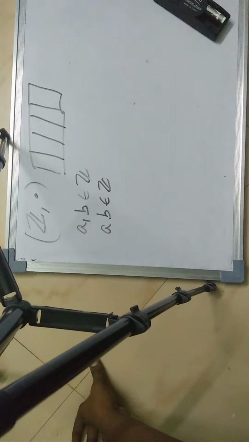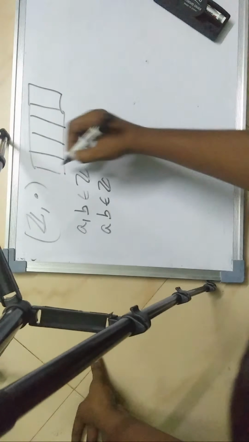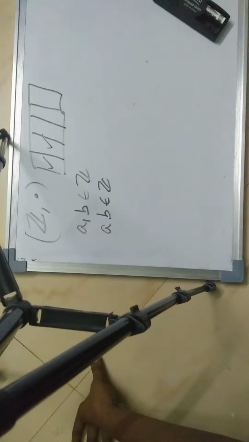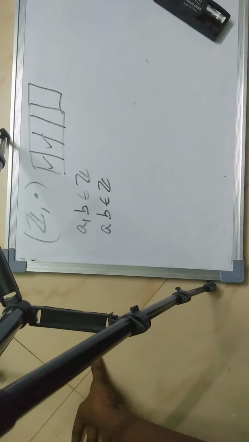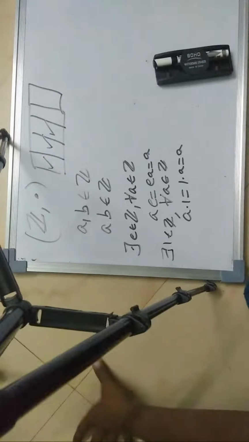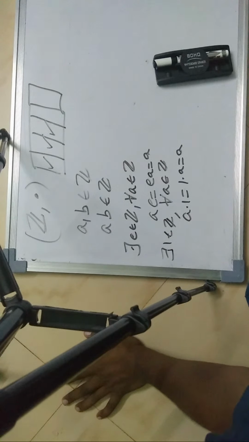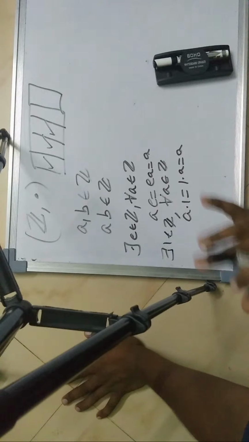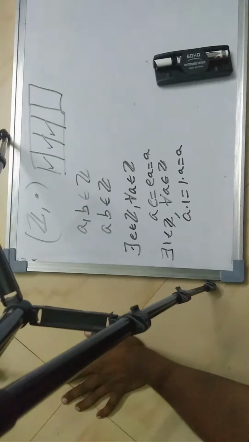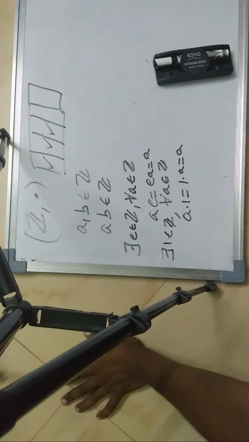Multiplication is always associative, the usual multiplication in real numbers. So closure and associativity are not an issue here. Now let us move on to the identity part. So we need to find identity. Since identity is satisfied, we can go on to check the inverse axiom.